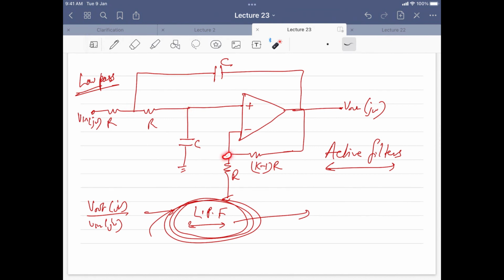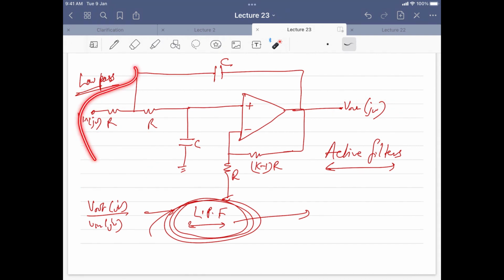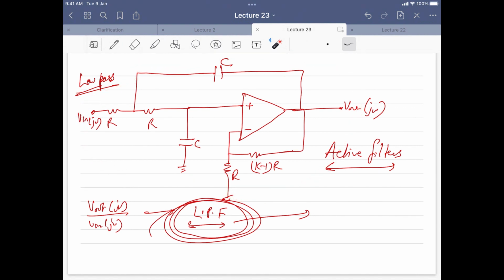So use the concepts of nodal analysis, try to calculate this gain, use the concept of omega 0 and omega infinity situations, and check whether this is a low pass filter or not, and try to solve similar questions from the book related to filter design. This is the only thing we wanted to cover for filters. In the next class, I will discuss one more small topic, which is transformers. Then we will finish off this class after that.